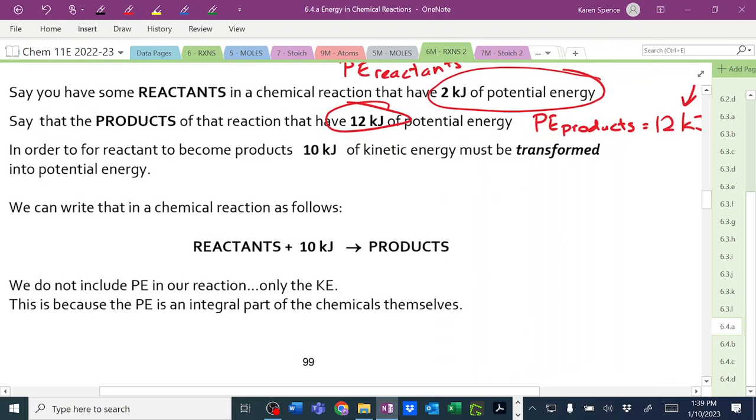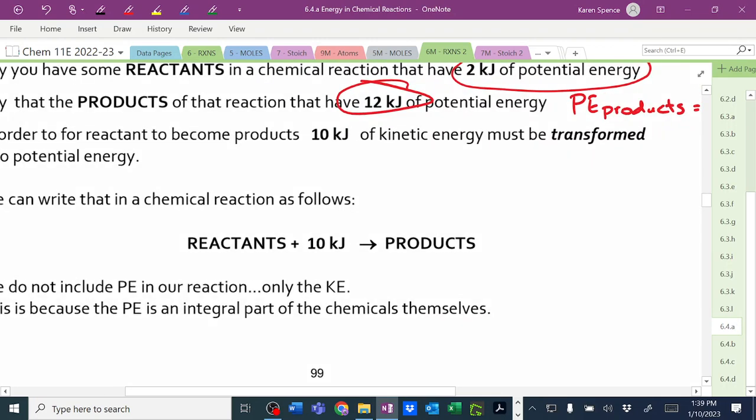We have the reactants, and their potential energy is equal to 2 kilojoules. We have the products. The potential energy is equal to 12 kilojoules. What that means is that we had 10 kilojoules, and that is kinetic energy.